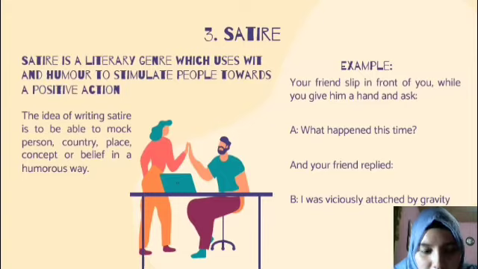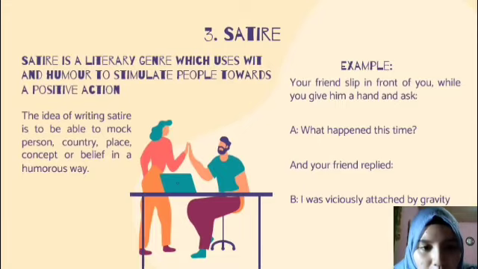And the last device of humor which is commonly used in stylistics is satire. Satire is a literary genre which uses wit and humor to stimulate people towards positive action. It sets out to improve bad behavior through sarcasm and irony. And also, satire has an aggressive element which is not necessarily present in parody. That is why satire and parody are related yet different, and not always easy to tell apart.